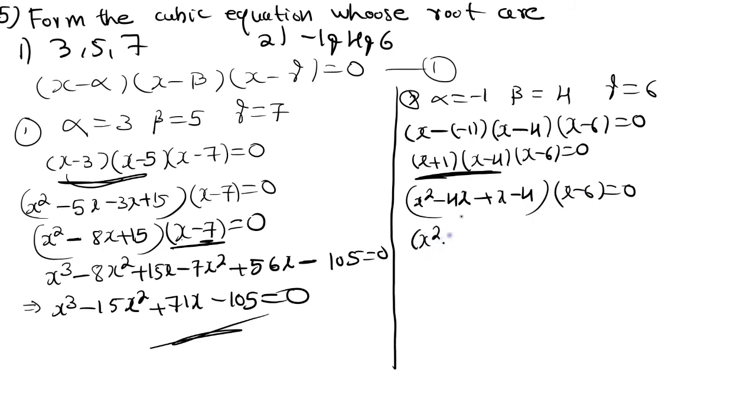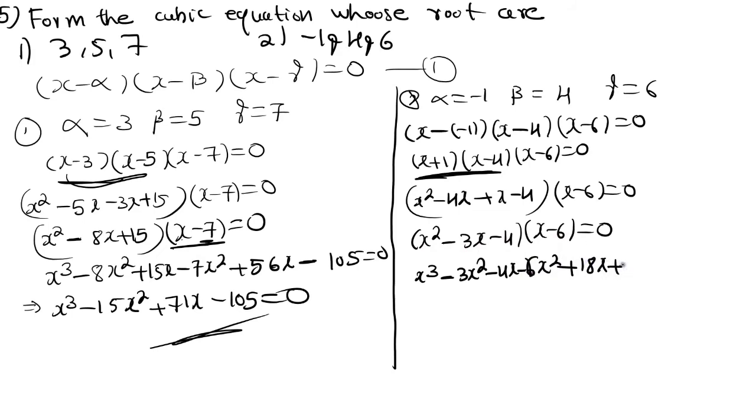x square minus 4x plus x is minus 3x, minus 4, into x minus 6 equal to 0. So again multiply. x into x square is x cube, then x into minus 3x is minus 3x square, x into minus 4 is minus 4x, then minus 6 into x square is minus 6x square, minus 6 into minus 3x is plus 18x, minus 4 into minus 6 is plus 24, equal to 0.